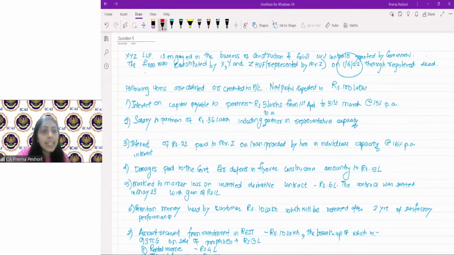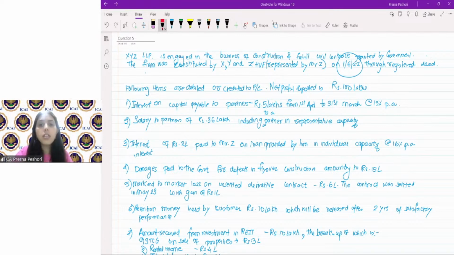So, in case of any payment of interest which is authorized by and is in accordance with the terms of the partnership deed and relates to any period, interest on the capital, which is 15% per annum as per the deed of partnership, what you will do in this case, you will allow only from the 1st of June.